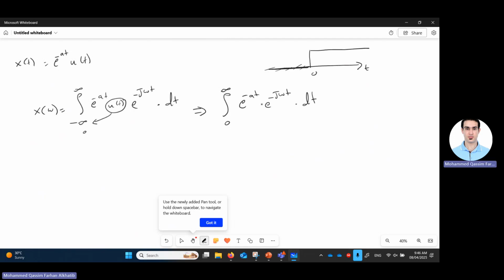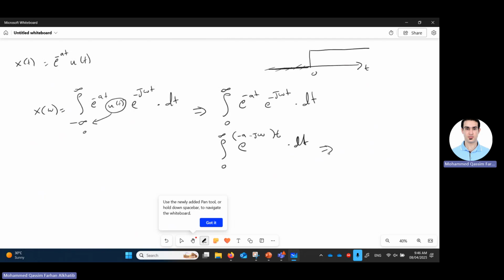All right, so we can take t as a common factor here, and I will have the integration from 0 to infinity of e to the power of negative a minus j omega, times t, dt.